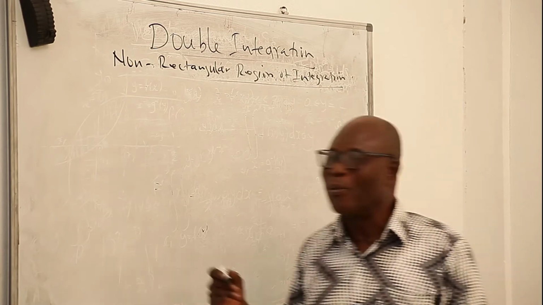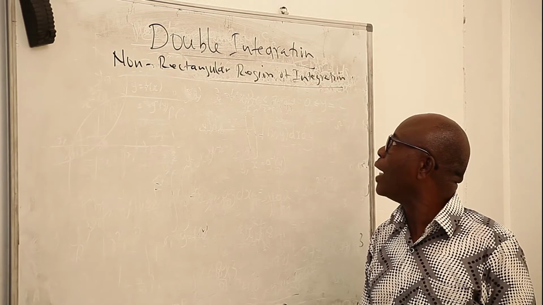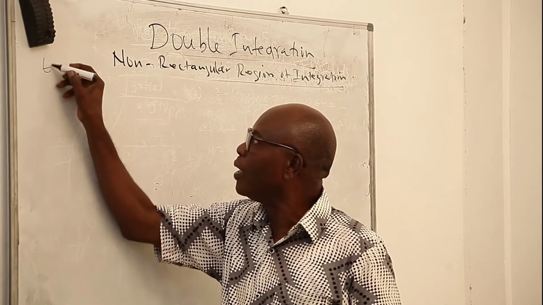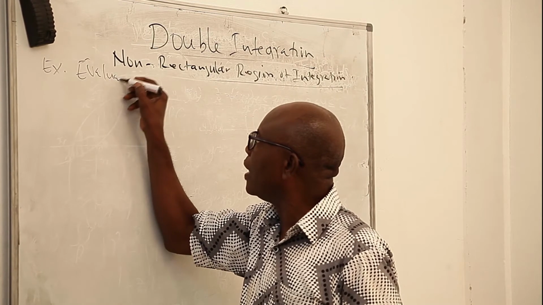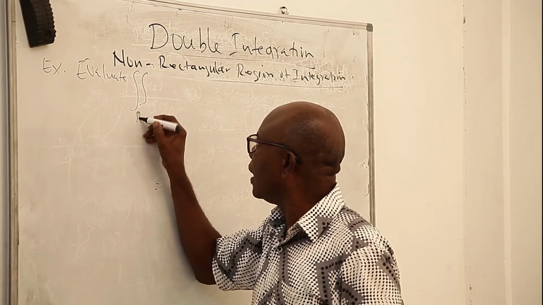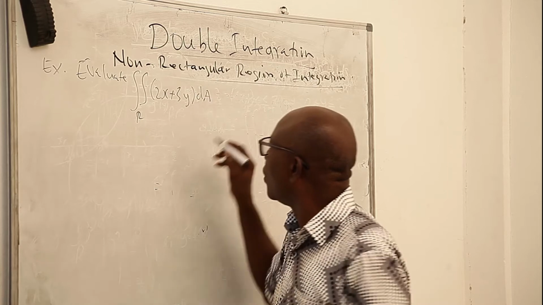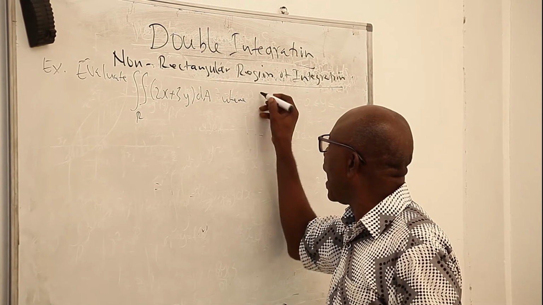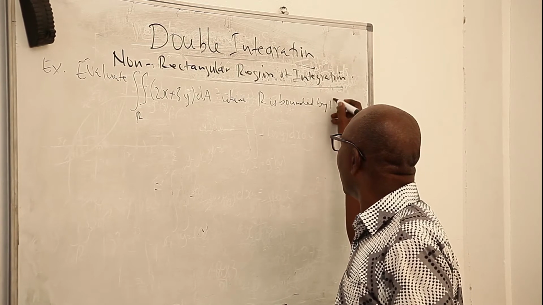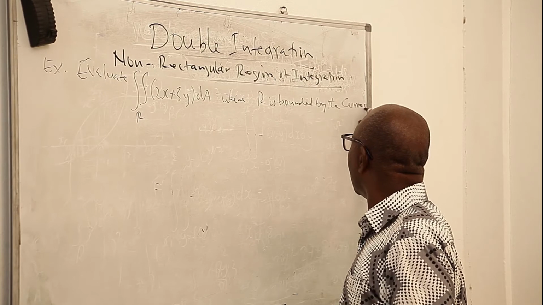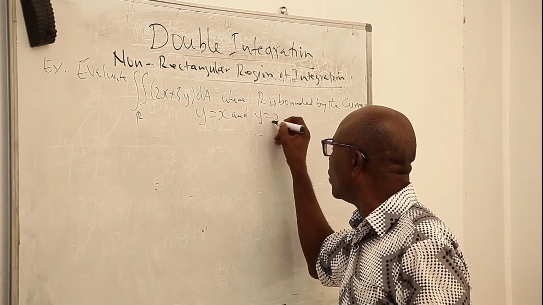So we take an example where the region of integration is non-rectangular. Say, evaluate the double integral of 2x plus 3y dA, where R is bounded by the curves y equal to x and y equal to x squared.